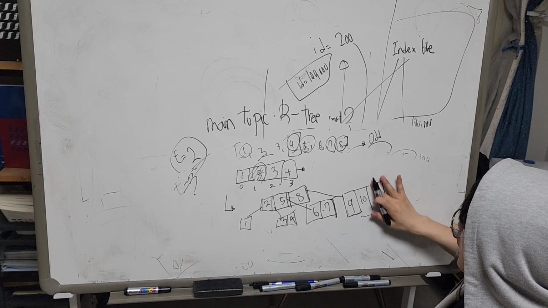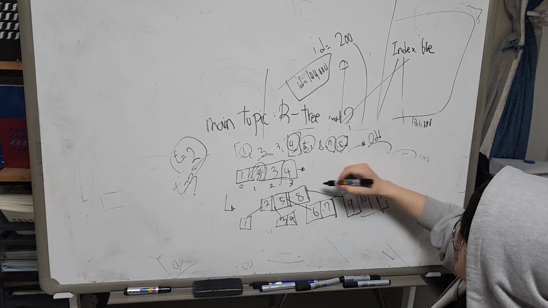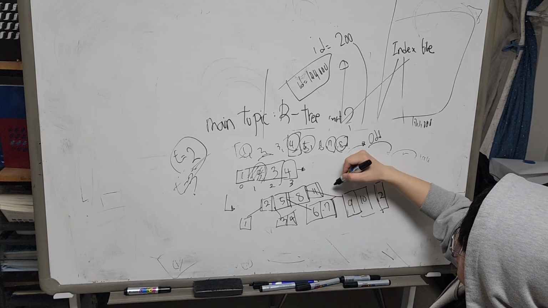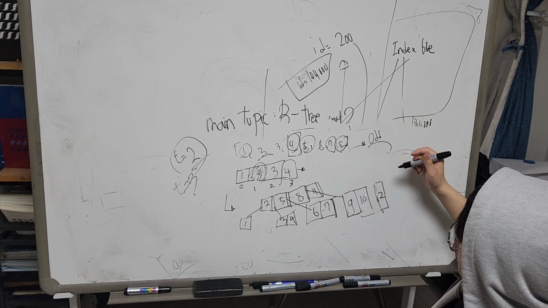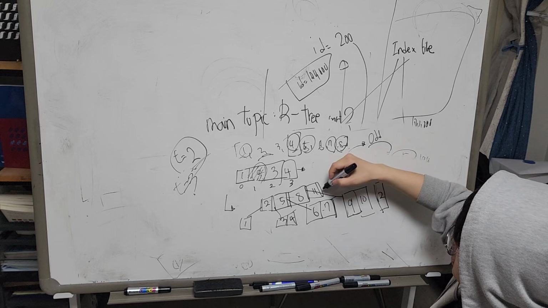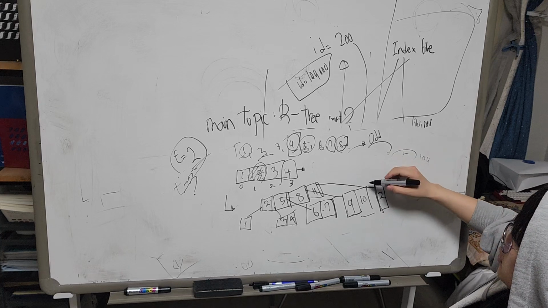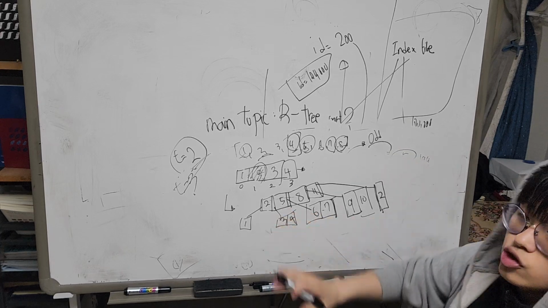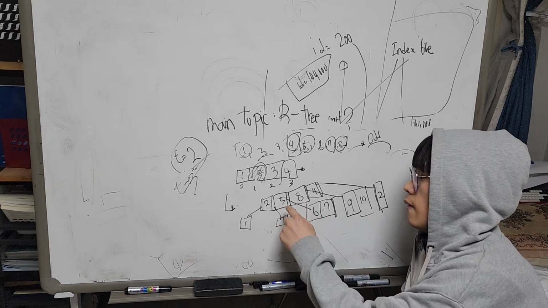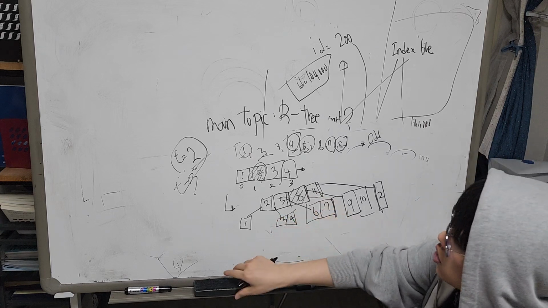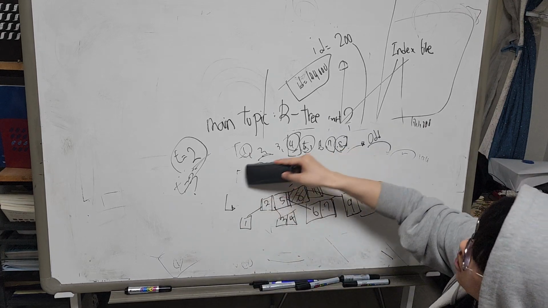We have to make 11 the parent key. When you're trying to insert 11 as a parent key, wait, hold on. Yes, like this: 9, 10, 11. This is already full, so you just do the same thing. The 8 is the primary key here, so you make this the parent.